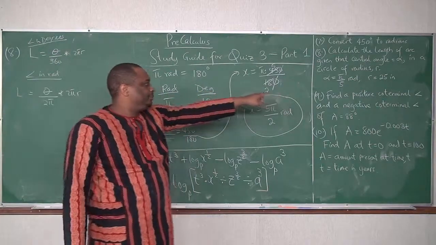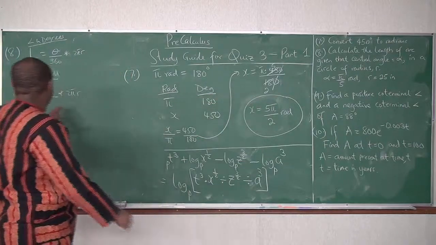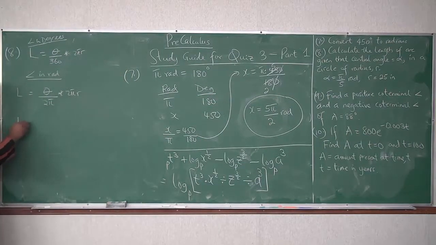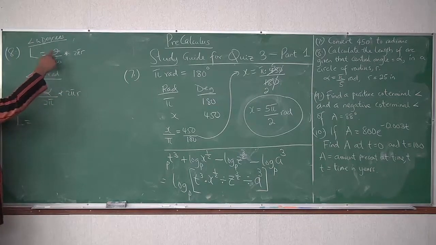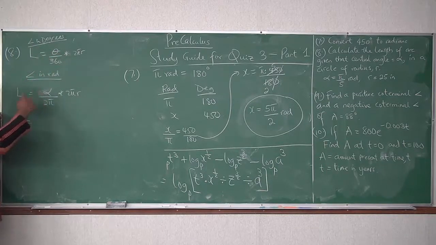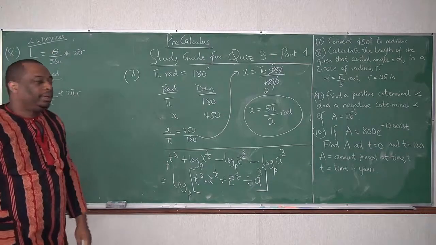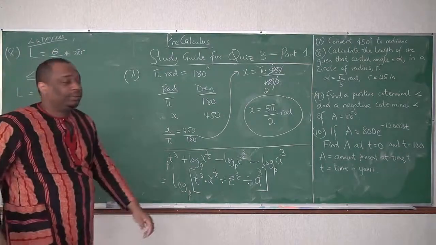The central angle is in radians. So this is what we need. Now L will be, in this case, alpha. You can put alpha, since they used alpha. Here, theta is the central angle. Here, alpha is the central angle. That is the angle at the center.